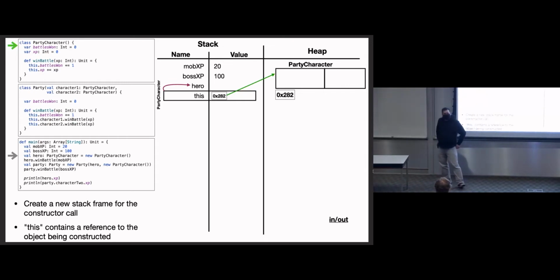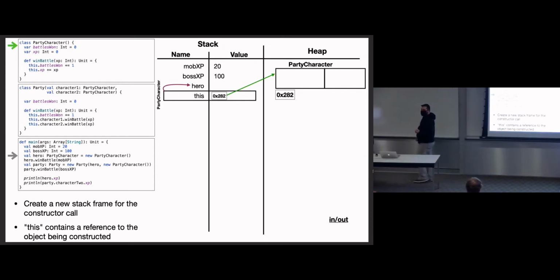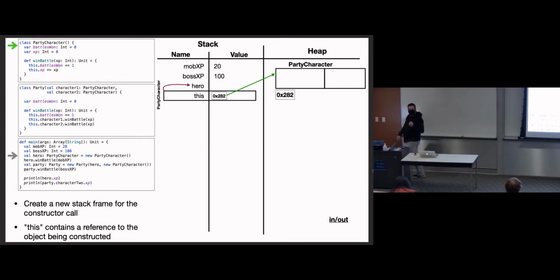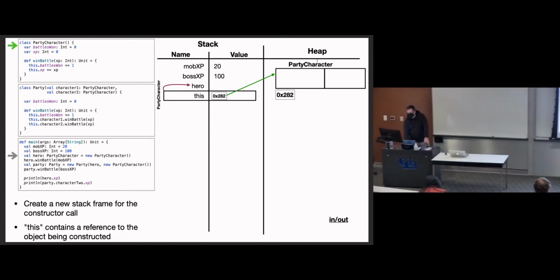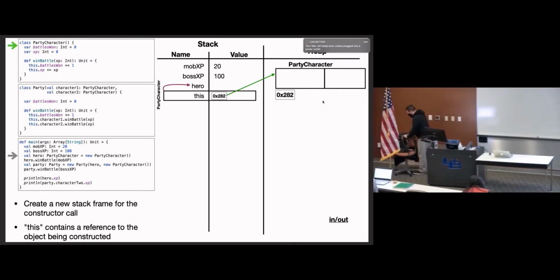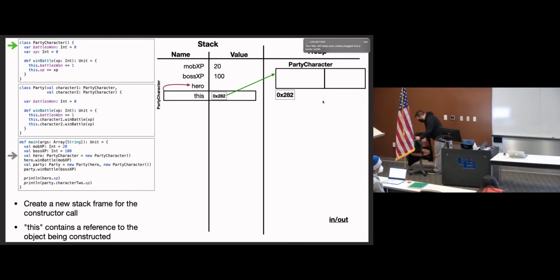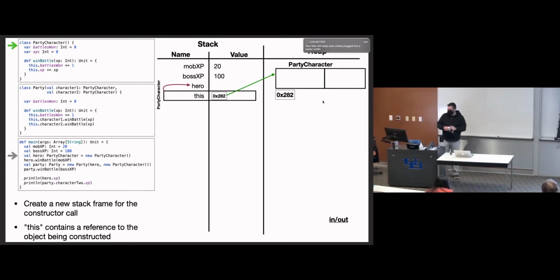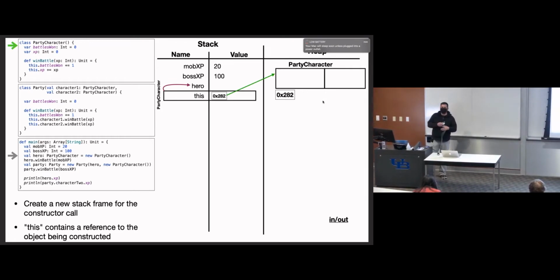Inside the stack frame, we have this, which stores a reference to the object that's being constructed. And on the heap, we're going to create that object that's being constructed. So we asked the operating system, we said, hey, I need some space for a party character. It's going to need space for 2 ints.